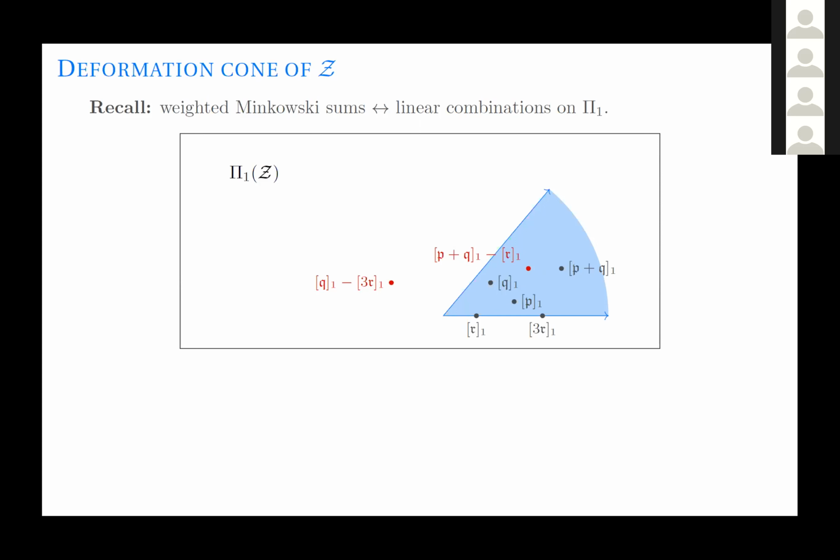Not every Minkowski difference makes sense, but this one does. And of course, we have things that are outside of this cone. These formal linear combinations do not represent an honest deformation of C, but they are sometimes called virtual polytopes or virtual deformations of C, if you want.